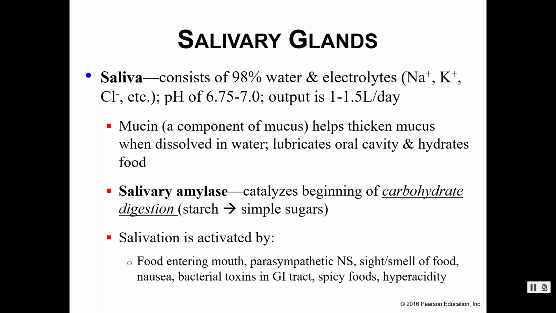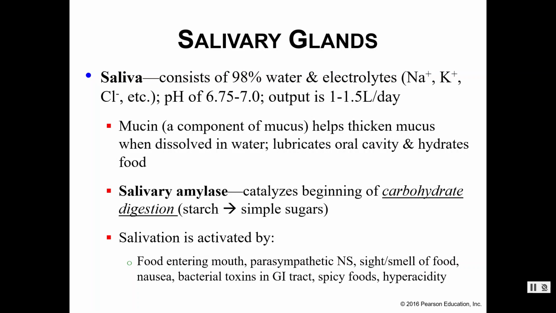Now, one of the other things that we find in the saliva is salivary amylase. This is responsible for starting the process of carbohydrate digestion. Okay, we are going to start breaking down starches into simple sugars. Now, I mentioned this is the start of the process. You do not completely digest carbohydrates in your mouth, you just start the process.